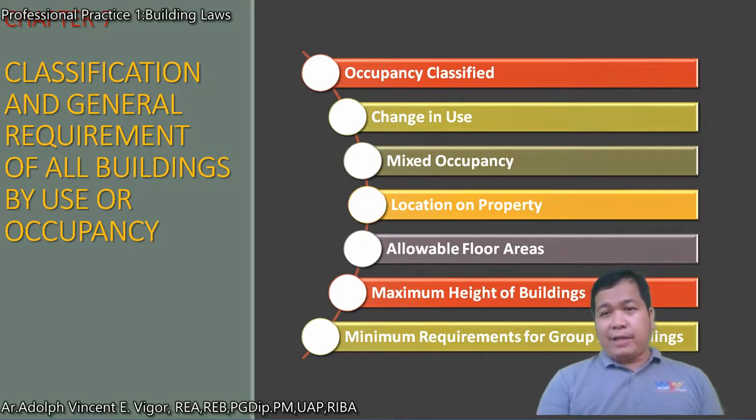For example, houses in the Xavier Estates, they have a limit of 9 meters. Okay? So, private subdivisions, they also impose some maximum height of buildings so that the rest of the adjoining properties within the subdivision can enjoy the same view and air quality.